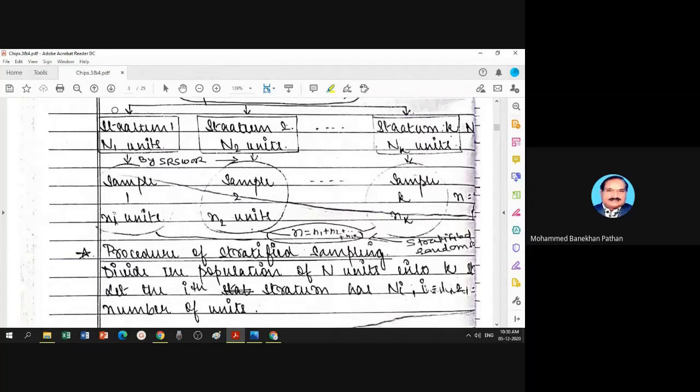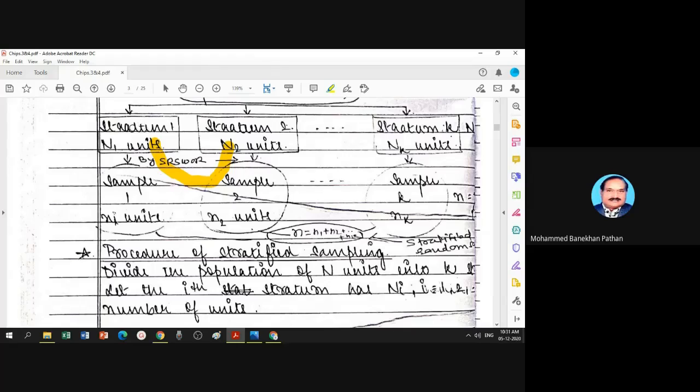Because what is the nature of strata 1? Strata 1 is homogeneous. So you can study this strata by the previous chapter. This is also homogeneous. So you can study this by using the previous chapter, that is simple random sampling without replacement. If I compare strata 1 with strata 2, they are different.